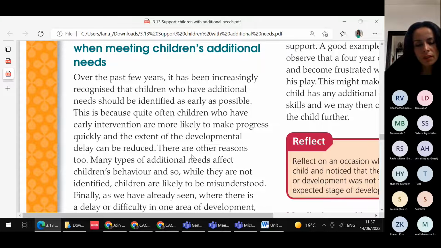Why? Because we need the child to progress quickly to reduce their developmental delay. If the development has been delayed, it would reduce the child's progression and will affect them in the future. So there are so many reasons.